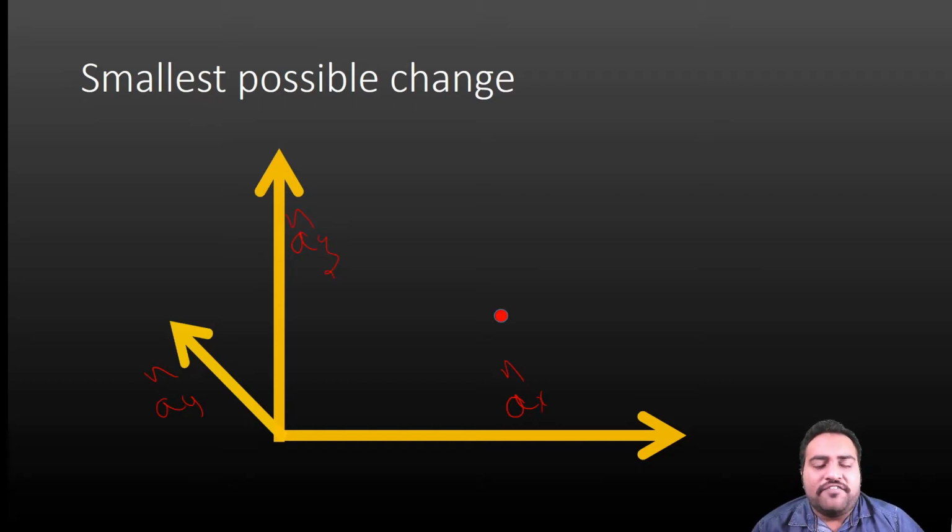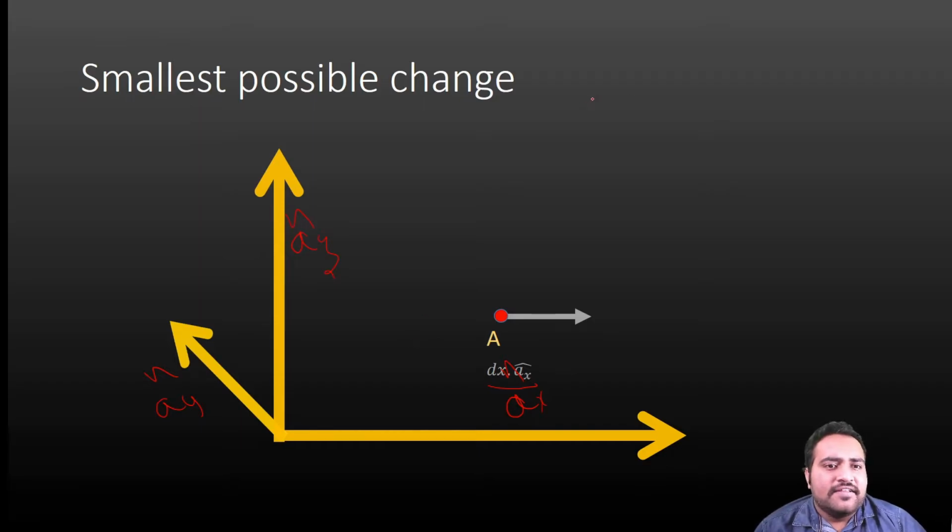Now, if you are at a point A, assume that there is change only in x direction. Then you would be moving along ax cap by the amount of dx. This vector would be dx ax cap.